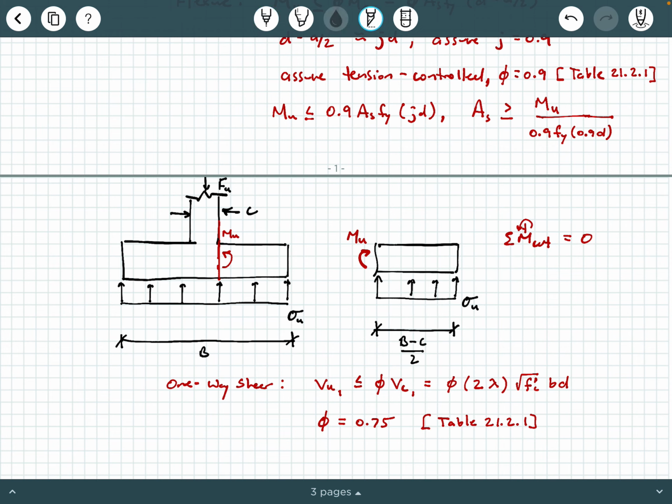How do I know that? Well, again, this whole thing is B, and so if I say B over 2, that takes me to the center line of the column, and then I subtract C over 2 to get me to the face of the column, okay?